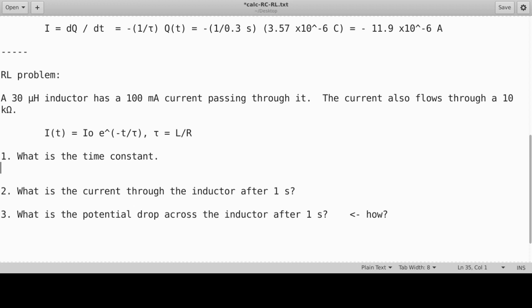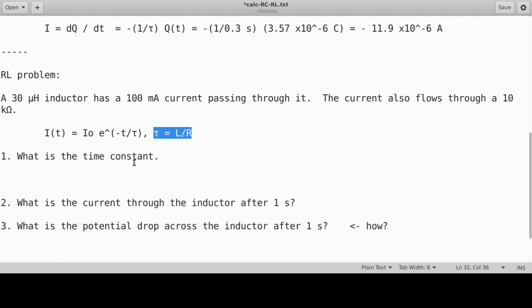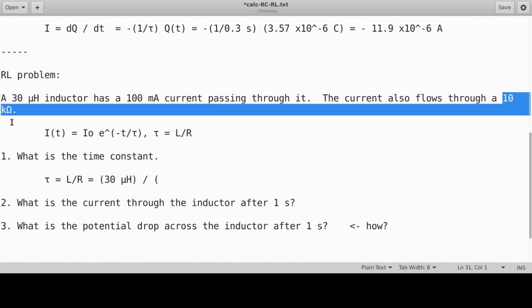So the first thing is, what is the time constant? Well, for an LR circuit, the time constant is given by L divided by R. We have the inductance, which is 30 microhenries, and the resistor is 10 kilo ohms.